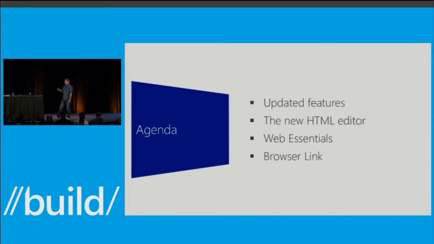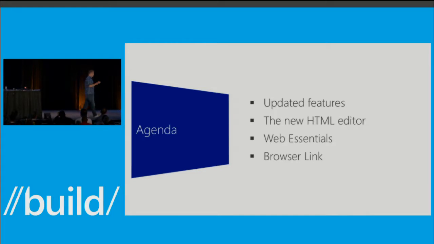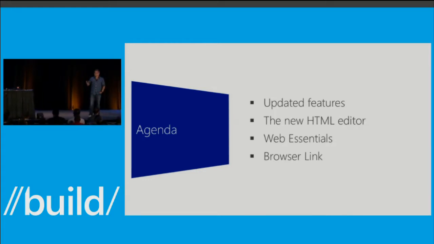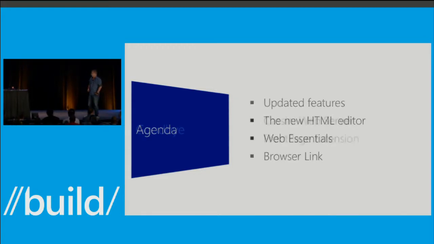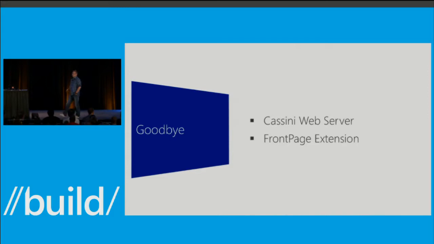So before we look at Visual Studio 2013, I thought I'd do something that I don't think we've done before. And that is just to tell you that with 2013, it is now time to say goodbye to a few good old friends of ours. The Cassini web server and FrontPage extensions are no longer in the product.